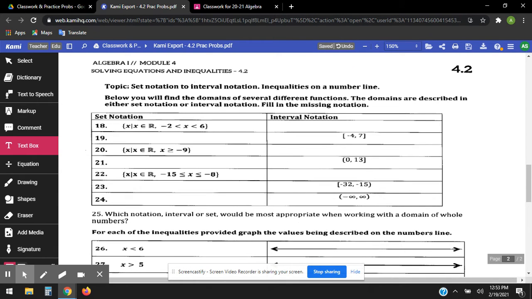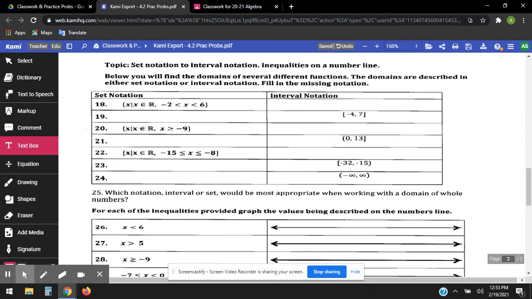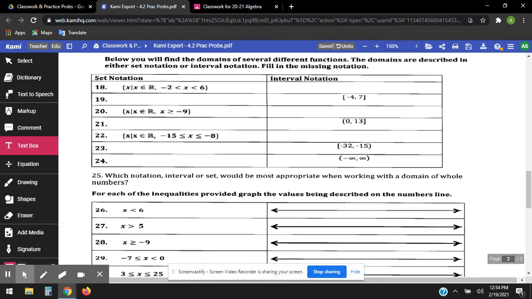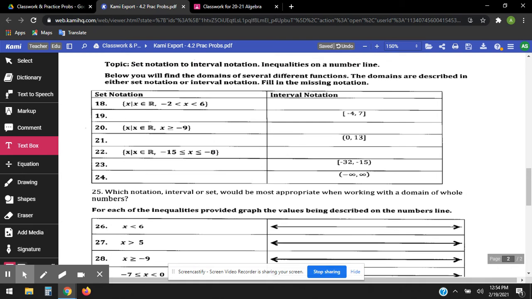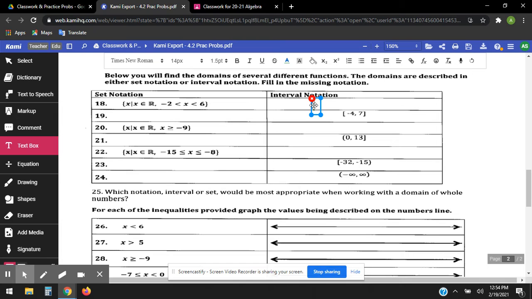Okay, next page. This one, excuse me. We're practicing, so we're pulling back a little bit of our set notations that we did in the second module, and our interval notations we did in third module. So we're not getting rid of these entirely. Still looking at these. So interval notation means a bracket for I'm including it and a parentheses if I'm not.